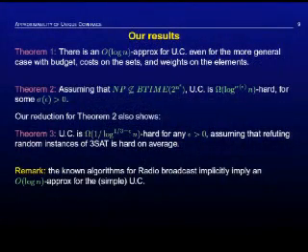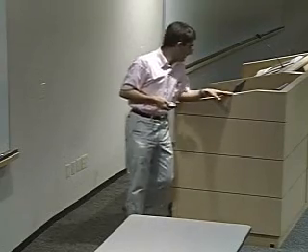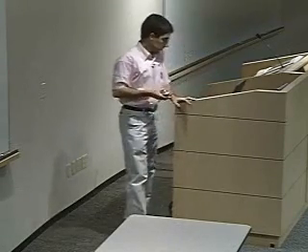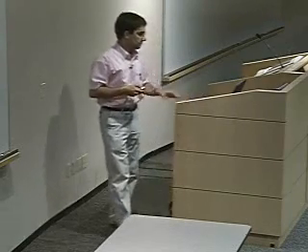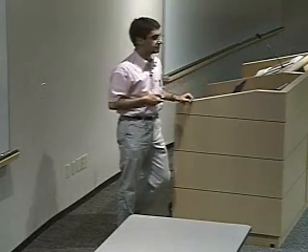And I should note that the algorithm is simple, and it was actually implicit in previous works on radio broadcasts by several others. So the main result is just this theorem 2, which is a hardness result. I'm going to show you some proofs for the algorithm as well as hardness.